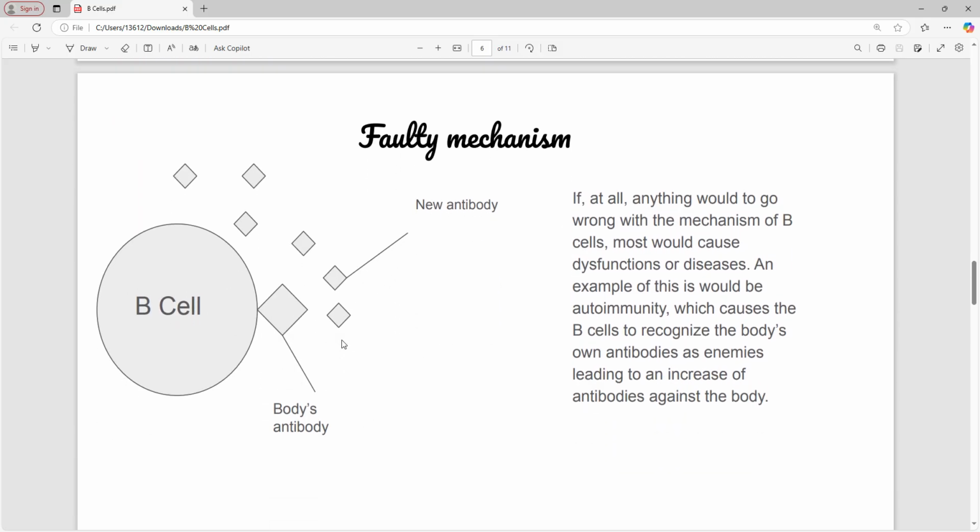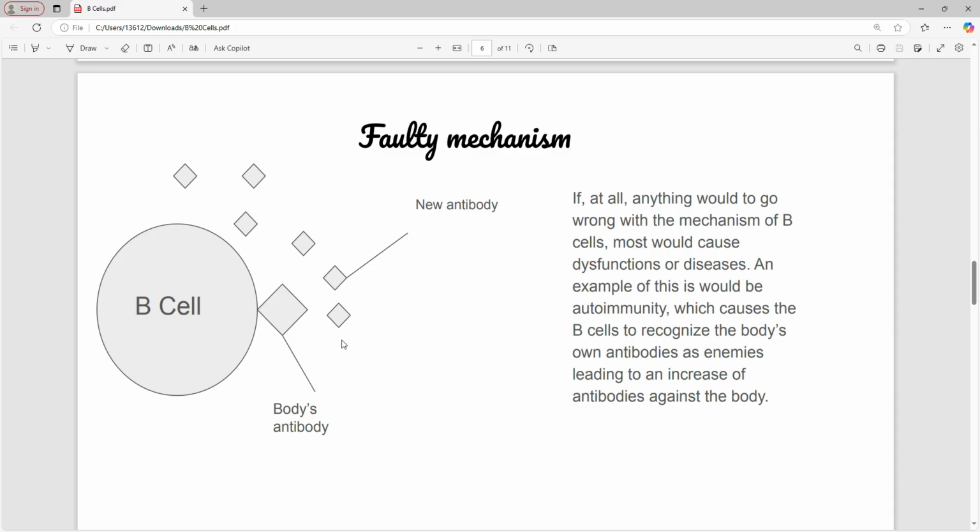So the faulty mechanism: if anything were to go wrong with the B cell, this is most likely caused by dysfunctions and diseases. An example of this is autoimmunity. Autoimmunity is basically where your body is attacking itself. In this case, the B cell will recognize your own body's antibodies, and then it will attack those antibodies and create new antibodies to kill the current antibody.